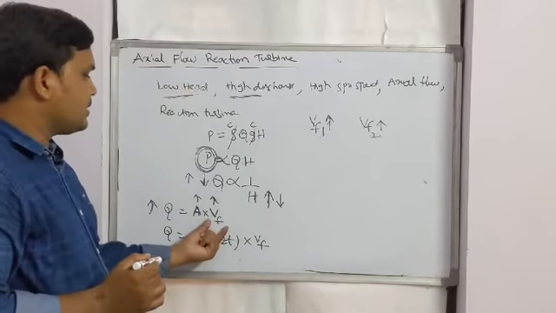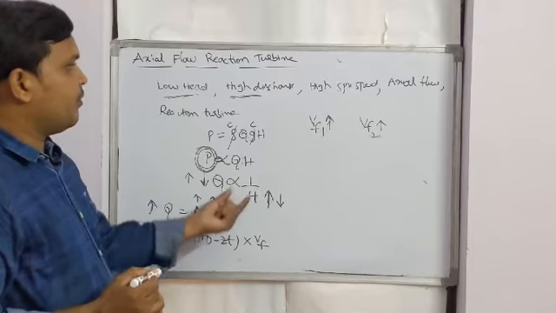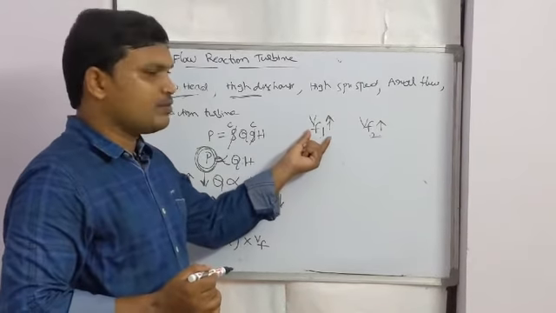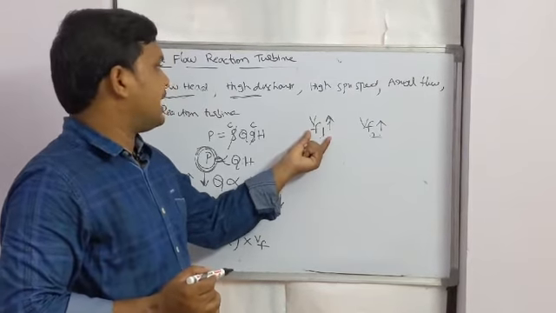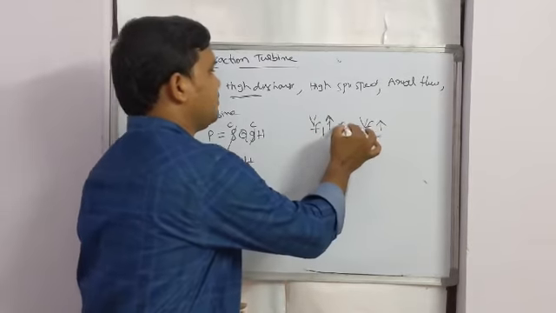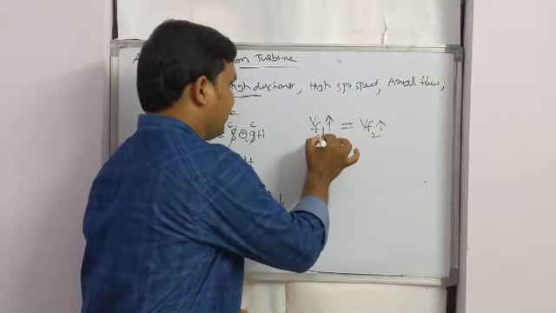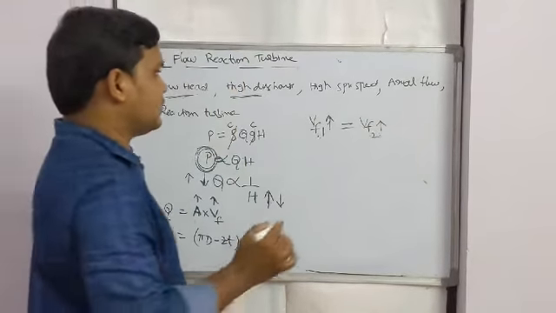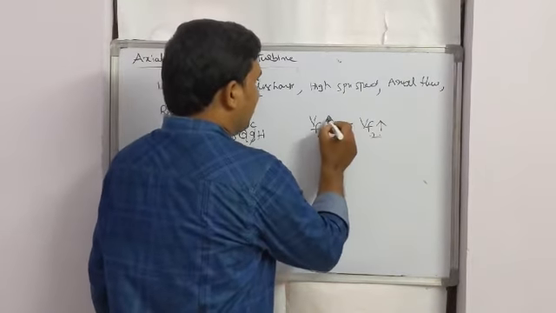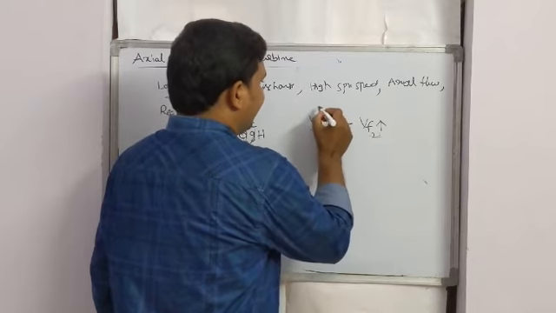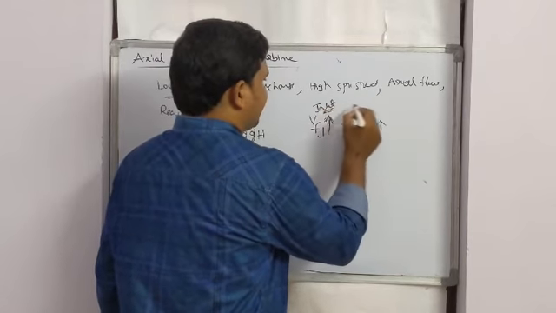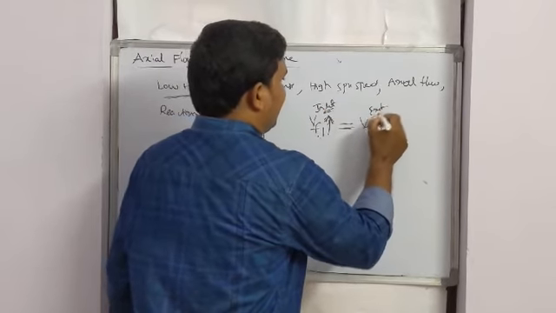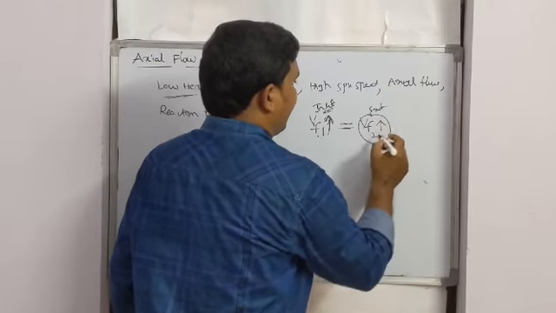If you want to increase the flow velocity before touching the blade, then Vf1 should increase. According to the axial flow turbine, Vf1 and Vf2 should be the same. This means if Vf1 increases, Vf2 also increases. That's why, the more the inlet velocity of flow, the exit flow will also be very high, and the exit losses will be very high.